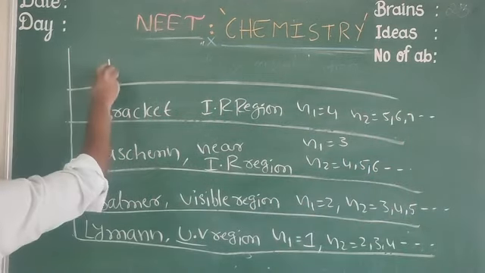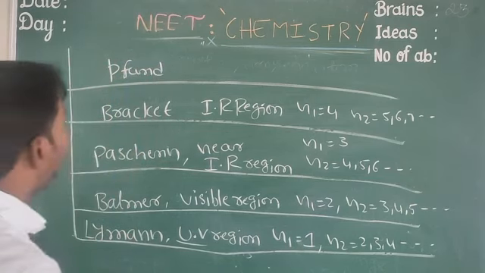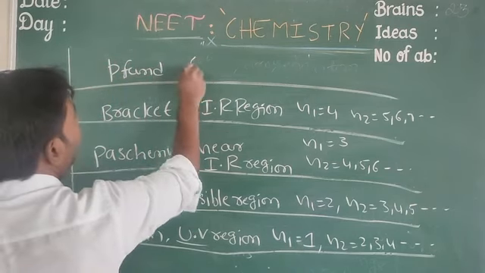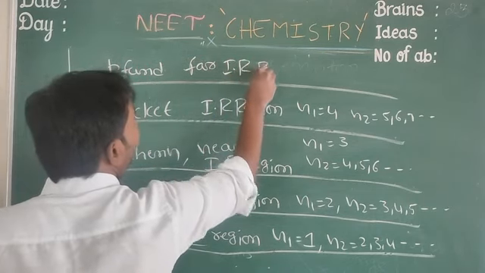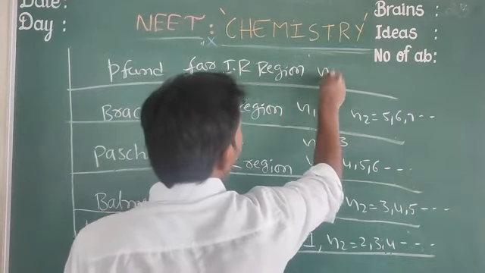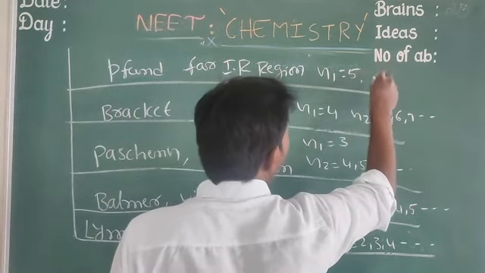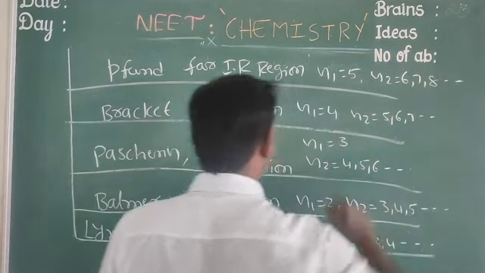Next, Pfund series, for IR region, n1 equal to 5, n2 equal to 6, 7, 8, and so on.